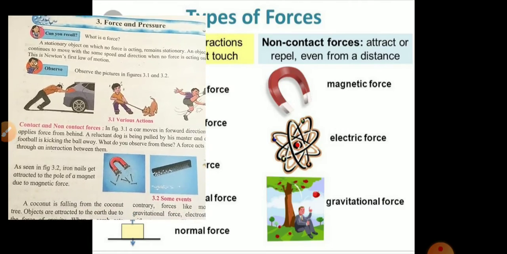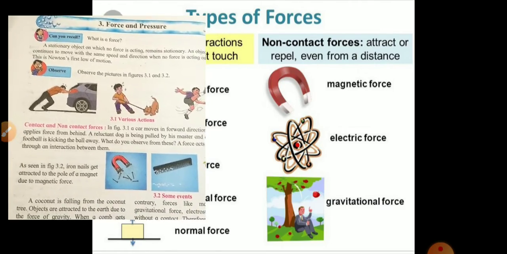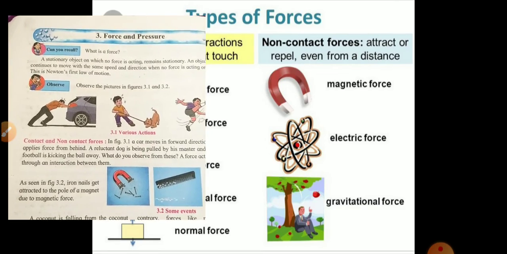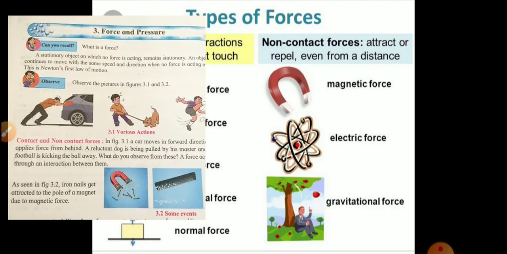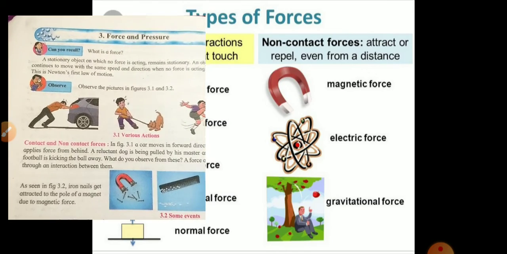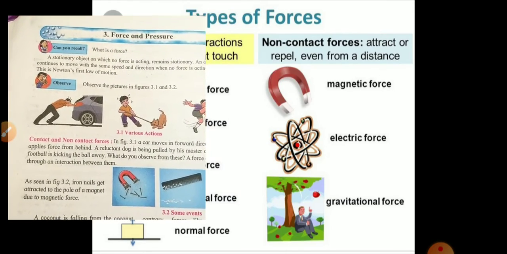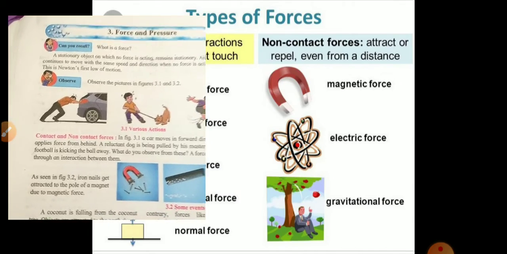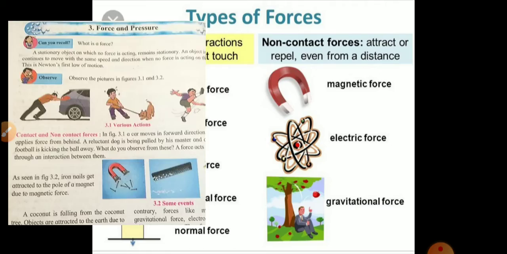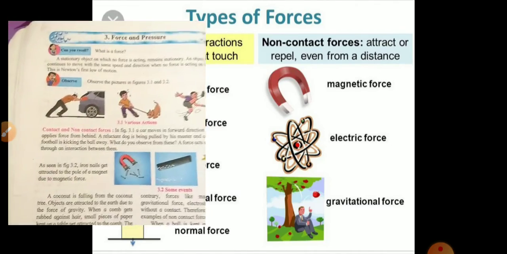First, we'll study two main types of forces, contact forces and non-contact forces. First we'll study contact forces. What are contact forces? There are so many examples to study.